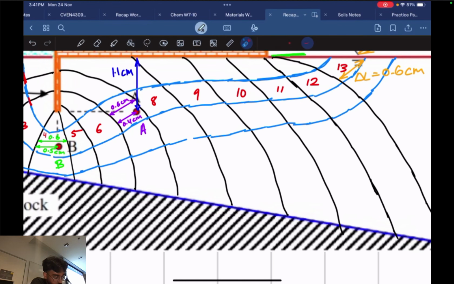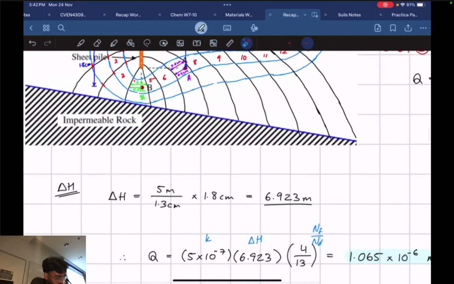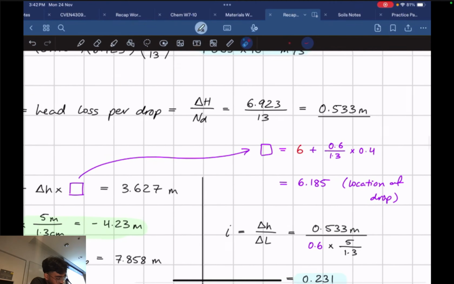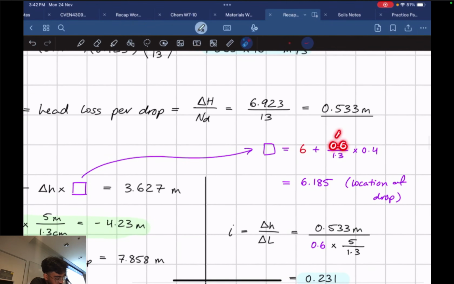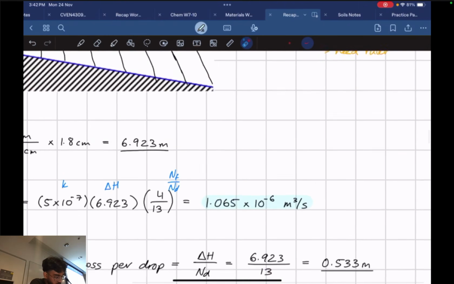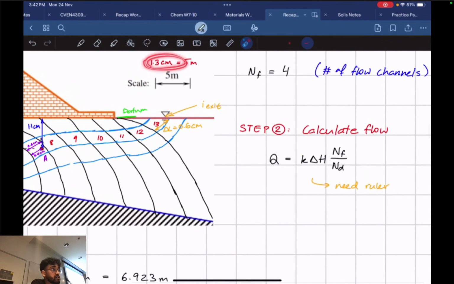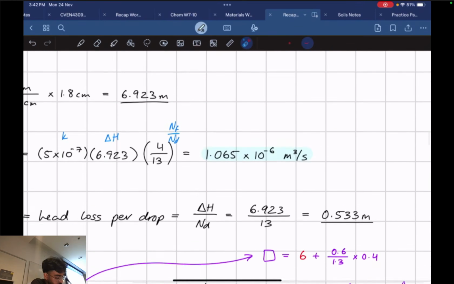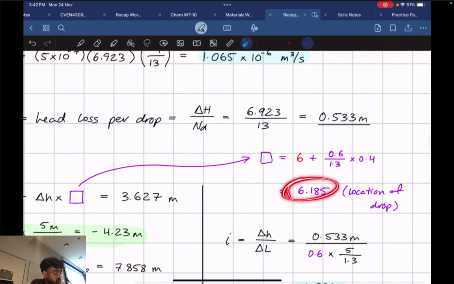If 0.6 centimeters is one whole head, what is 0.4? The 0.6 is your delta H, and then our scale is 1.3 centimeters per meter. That's pretty much what I've done to find the location of the drop. It's a bit hard to explain, but if you just memorize the working out, I think that'll be fine.